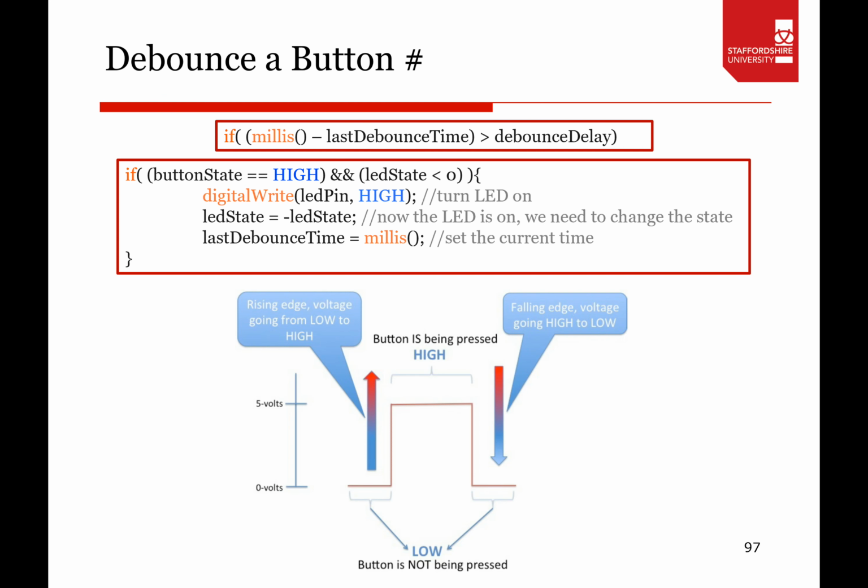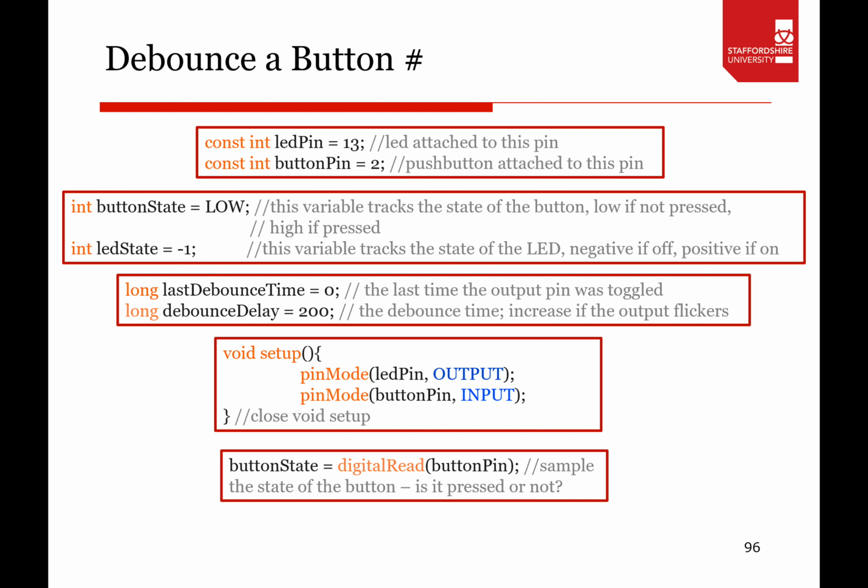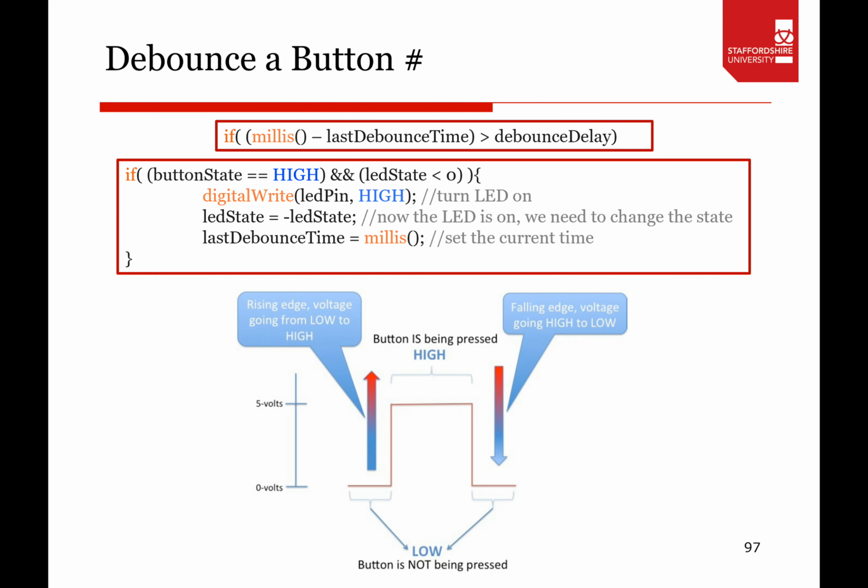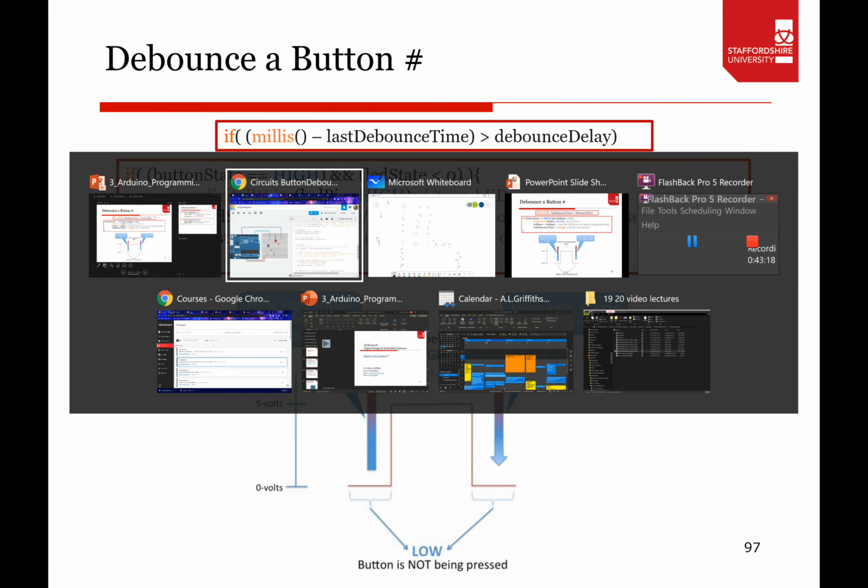So in that last loop, if button state equals high and LED state is less than 0, turn the LED on. This is a different one. Let's just go back to the facts.